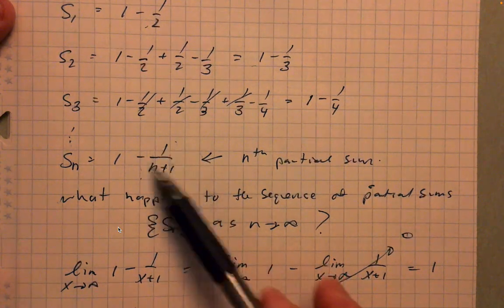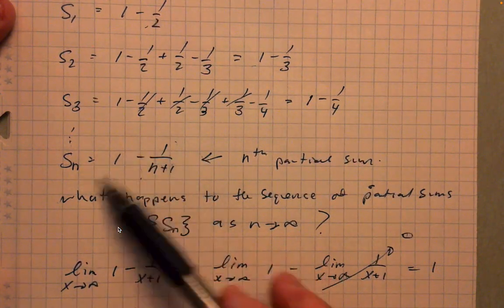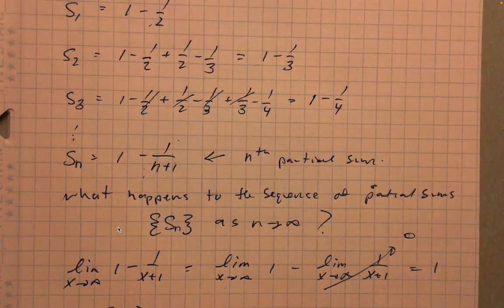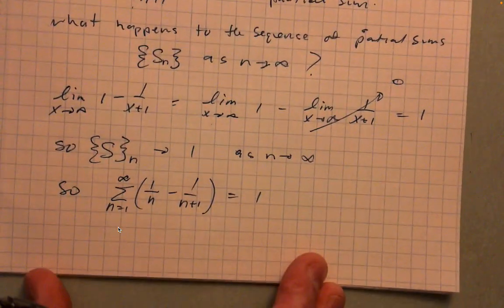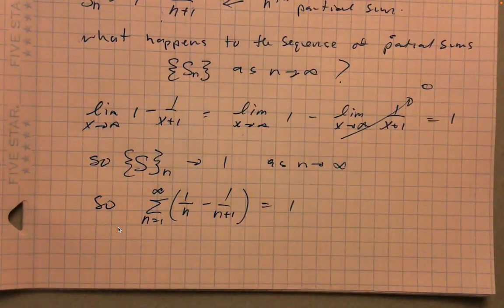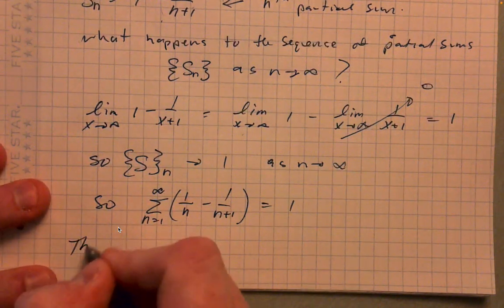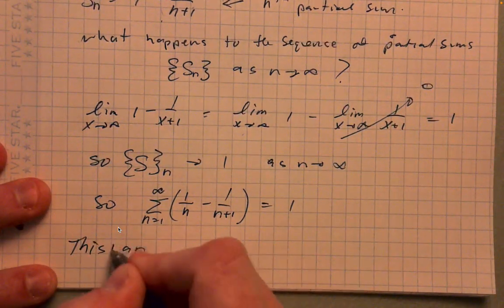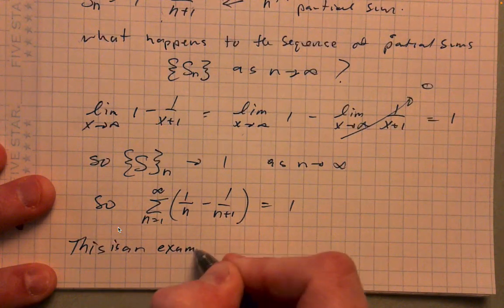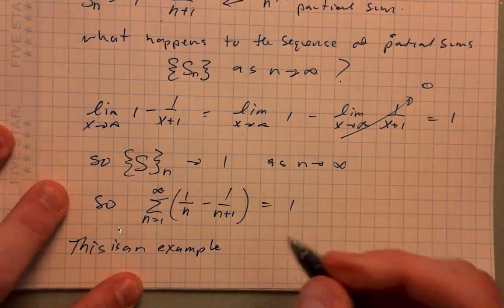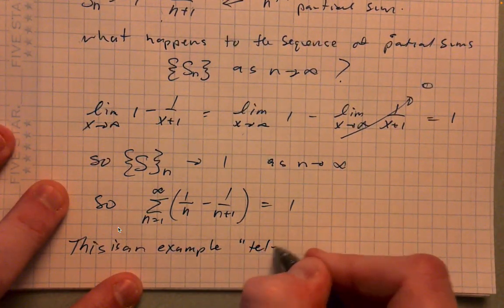So then the sum just becomes 1, which is what we see down here. Okay, this is an example of what's called a telescoping series.